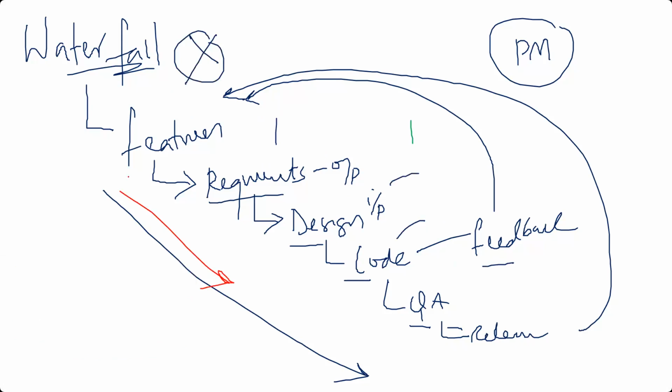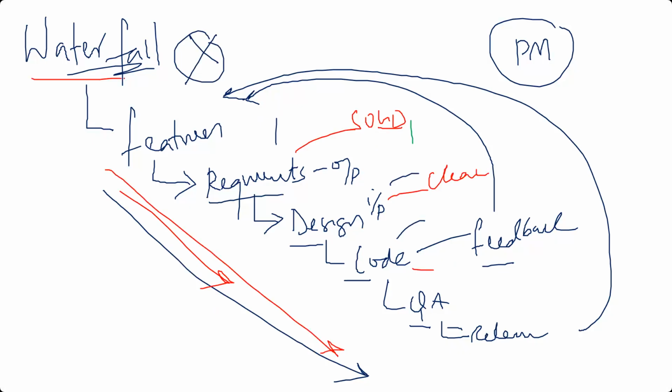It will only work in places where the requirements are very clear. You need clear documentation on the design and code, and only then can your entire product be released through the waterfall model. Otherwise, there will be typical challenges in releasing the product.